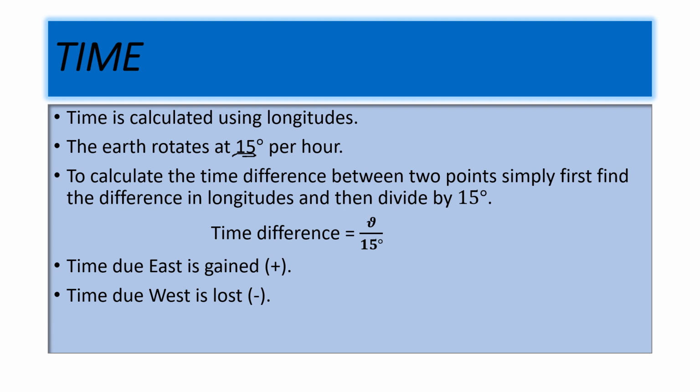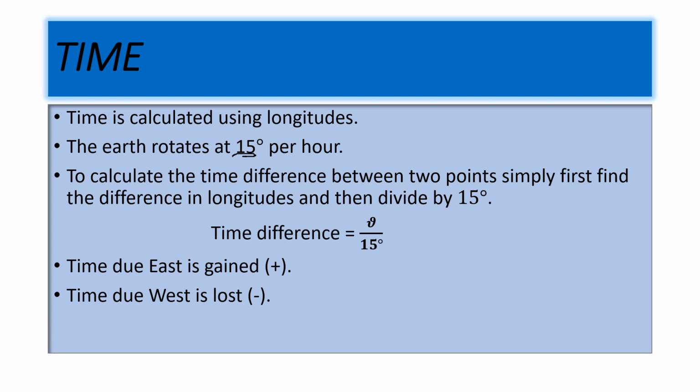When you're calculating the time difference between two points, first find the difference in longitudes and then divide by 15. This gives us the simple formula: time difference is equal to theta over 15 degrees. We have borrowed theta to represent the angle difference, or the difference in the longitudes.